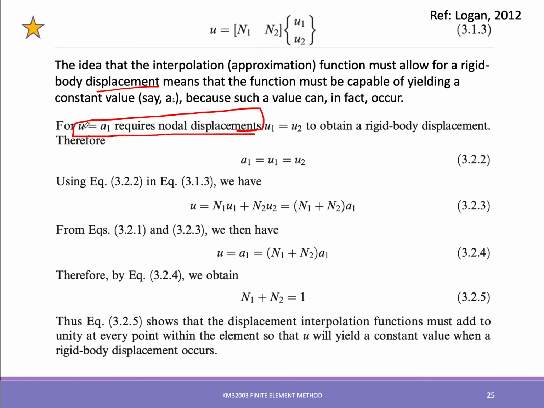So this is the first part that allows it to be displaced, right? From these equations, we can rewrite it in this form, u equals a1, and we know that u1 should be equal to u2 as well, since the whole rigid body is displaced, the whole object is moving.